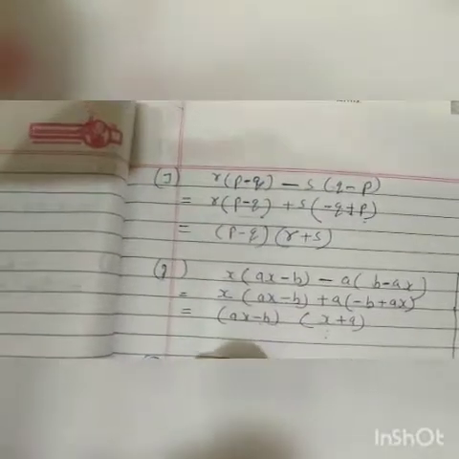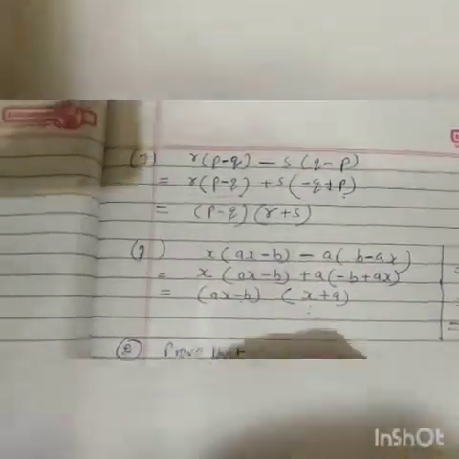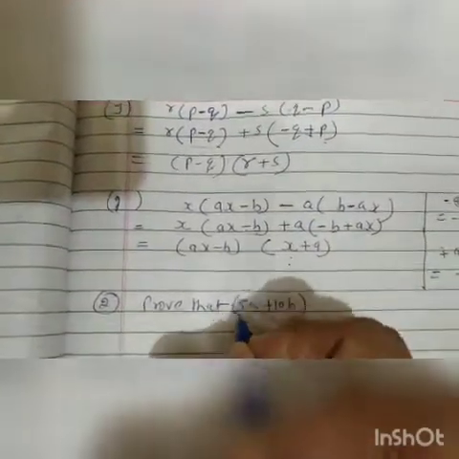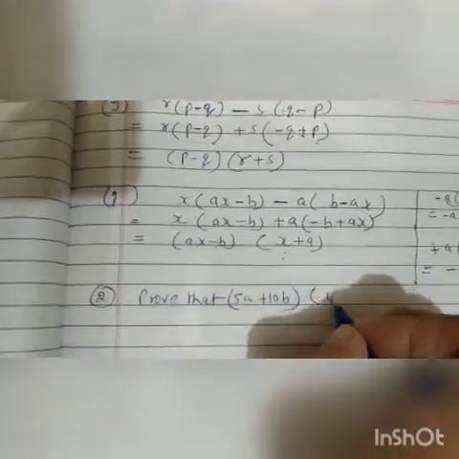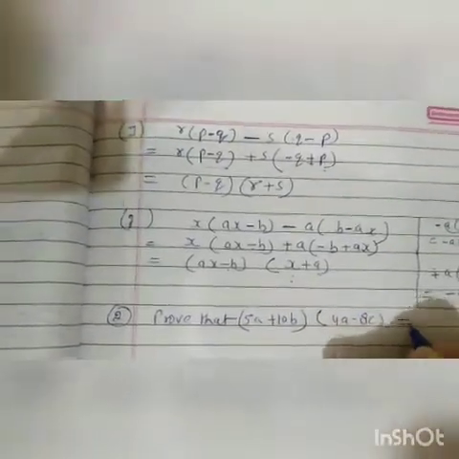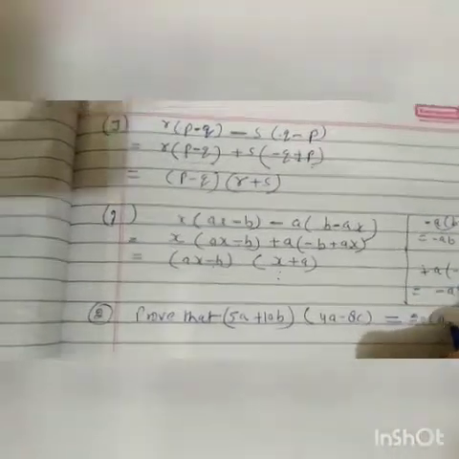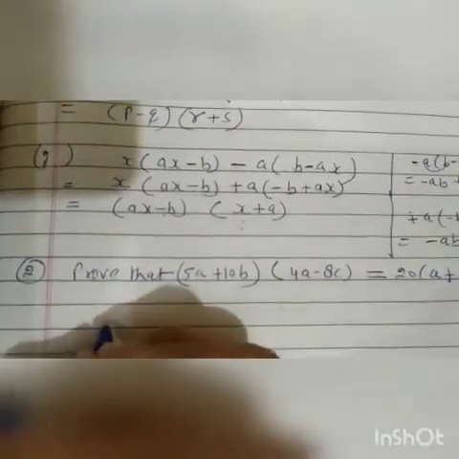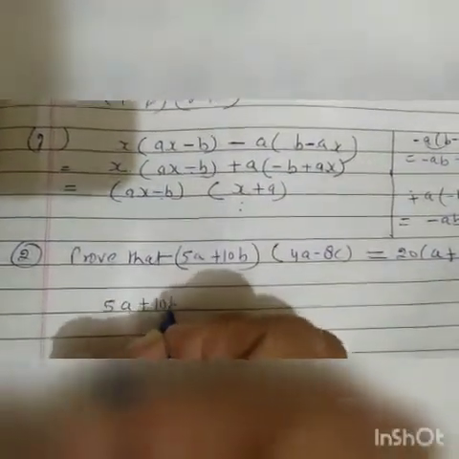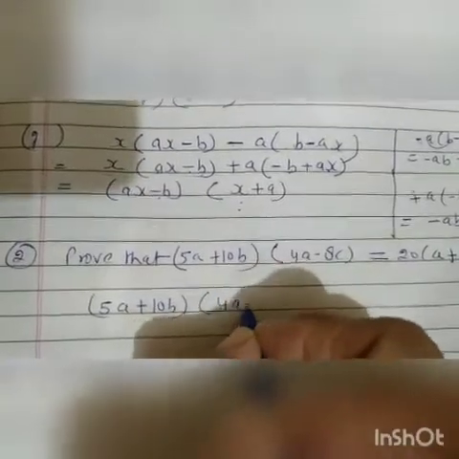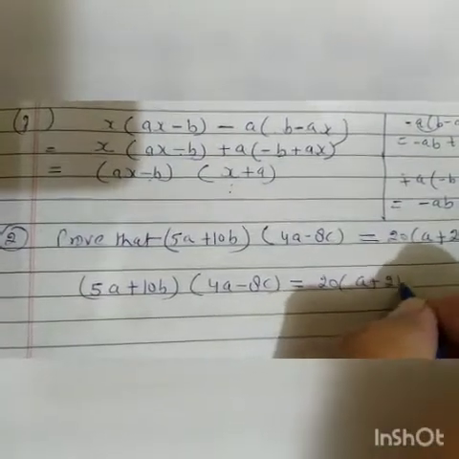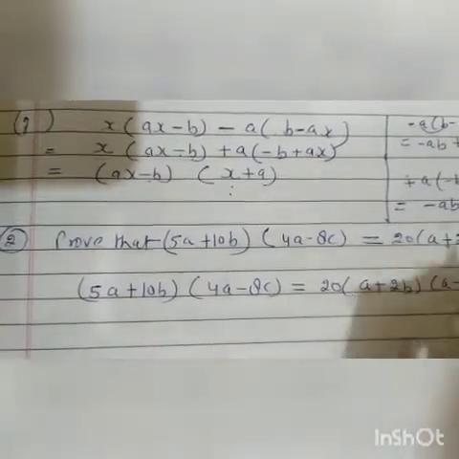Now come to the second question. Our second question is: prove that (5A plus 10B) into (4A minus 8C) is equal to 20 into (A plus 2B) into (A minus 2C).